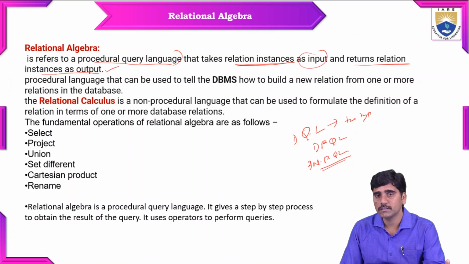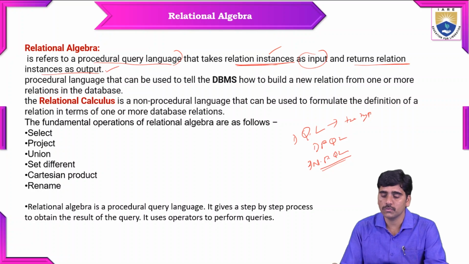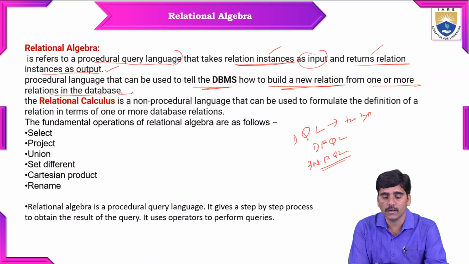That's why you can say that it is a procedural query language. And it can be used to tell the DBMS how to build a new relation from one or more relations in the database.